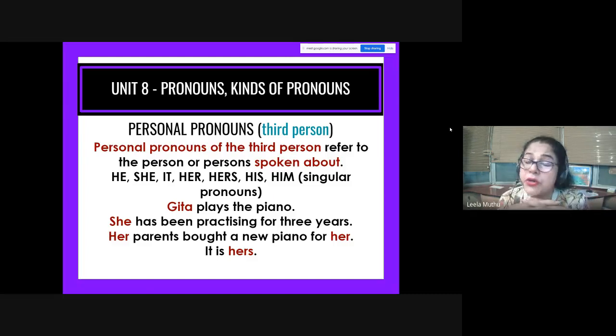Now, supposing I'm talking to you about a teacher in my school. Let's say I say, today we got a new teacher. I'm already speaking about somebody, the new teacher. Now, what words will I use to talk about the new teacher? I will use words like, we've got a new teacher now, children. She is going to be taking science for you, or let's say she will be taking English for you.